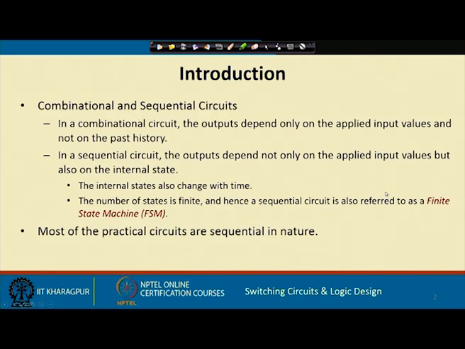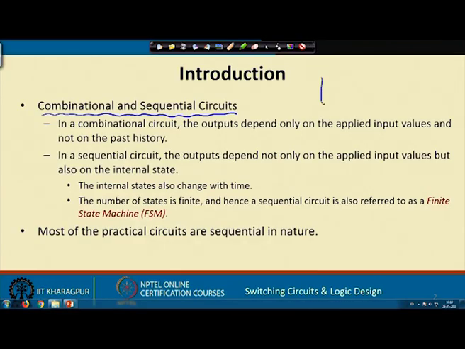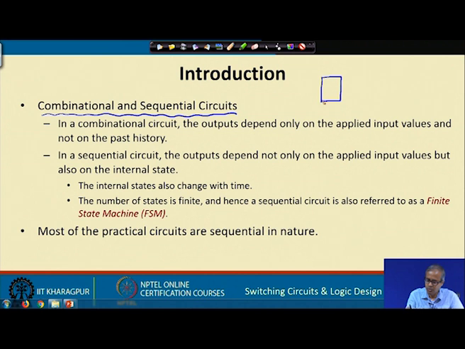Okay. So, we have already mentioned earlier that circuits are of two types, combinational and sequential. Let me repeat it once more, because this difference is extremely important. A combinational circuit is one where whatever inputs you are applying, the outputs depend just on those applied inputs and nothing else.